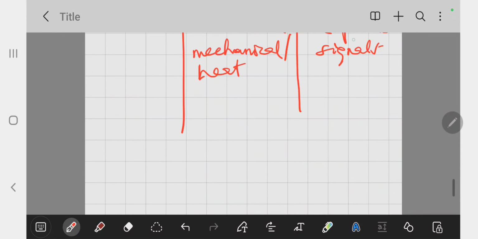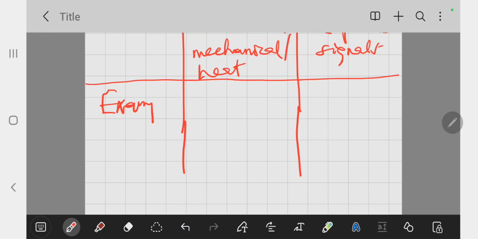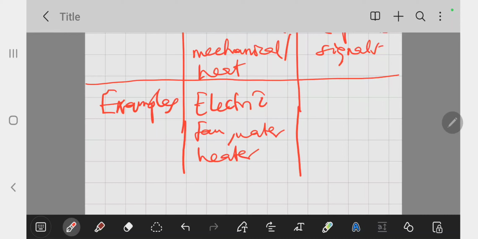Then in the last segment, we want to look at some examples of the two to further solidify our understanding of the main difference between the two. An example of an electrical circuit is an electric fan or a water heater.